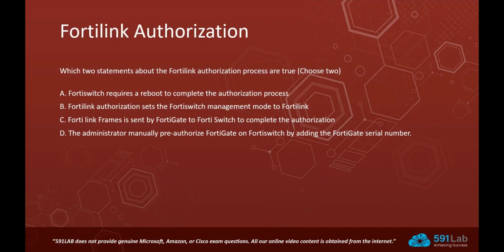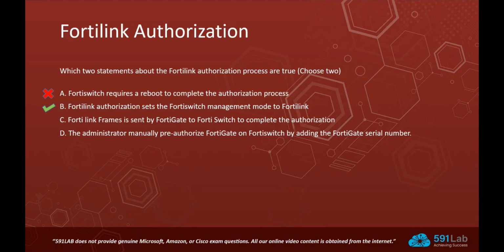Okay, based on the information, let's find out the correct answer. Answer A, FortiSwitch requires a reboot to complete the authorization process. No, this answer is incorrect. Answer B, FortiLink authorization sets the FortiSwitch management mode to FortiLink. Yes, you know that this answer is correct.